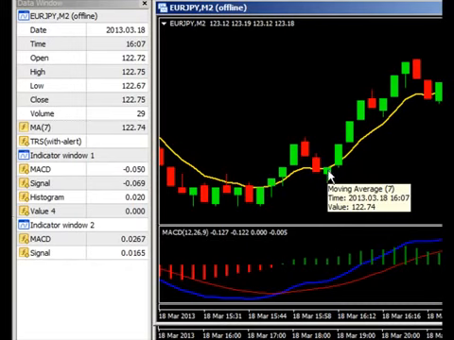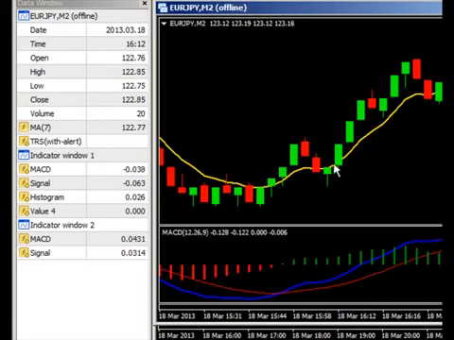In this case, it happened to be the very next bar, which is great, although it doesn't look like it. But if we look at the data window, we see the MA is 74, and the close of that bar is 75. So it did close above by 1 pip. So that means we can get long at the open of this bar. So we can get long right there.